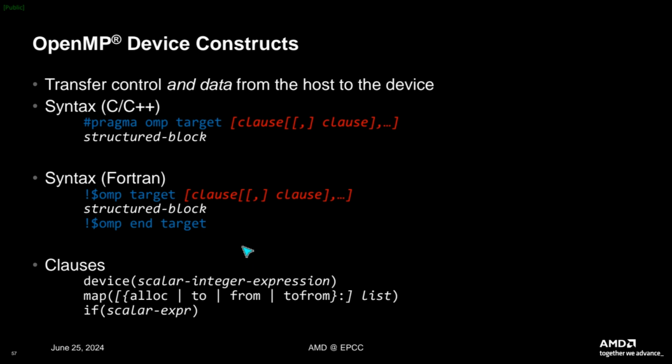So these device constructs in C, it's going to be a pragma omp target. In Fortran, omp target. Target is basically saying to run it on the device, and generally on the GPU. There's many clauses you can add to these pragmas. We're not going to go into great detail on those.